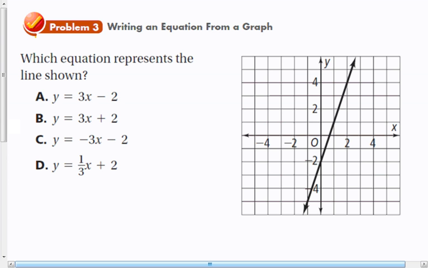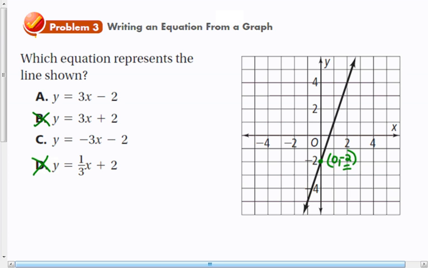All right, we can also write an equation from a graph in slope-intercept form pretty easily. We can just identify what the slope is, what the y-intercept is. Remember, the y-intercept is just where it crosses the y-axis, so that's this point right here, (0, -2). So the y-intercept is that part, the -2 part. So if you look at these, we can eliminate B and D because they both have a y-intercept of +2.